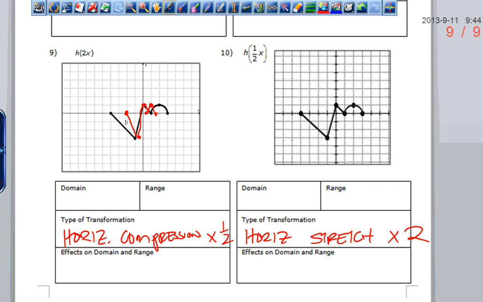You want to think about it that we're fitting more graph in fewer x values. You think about it that way. Our domain for my red picture here is from -2 to 1.5. Our range still stayed the same. So our effect was we divided all of our x's by 2.